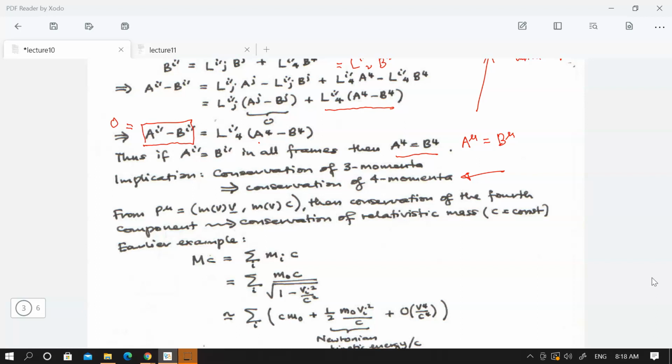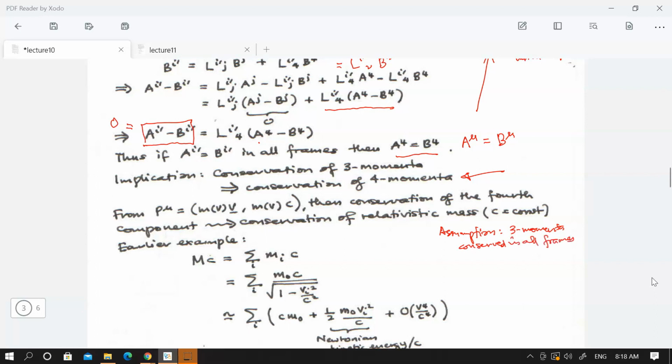to be true in all frames, meaning that, maybe I should write this thing down. So the assumption is three momenta conserved in all frames. But what does that mean?